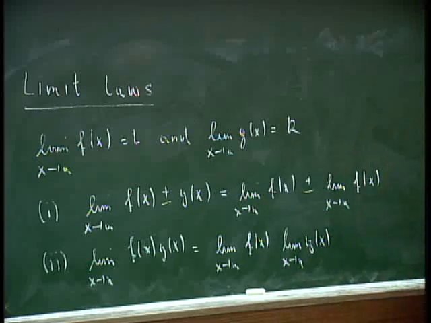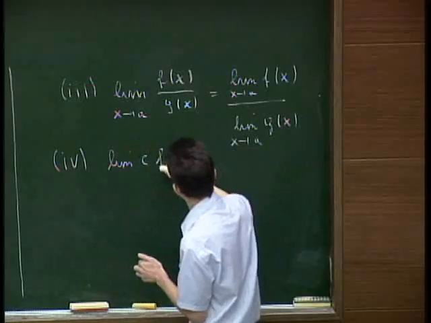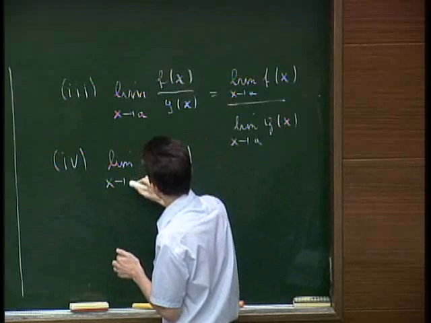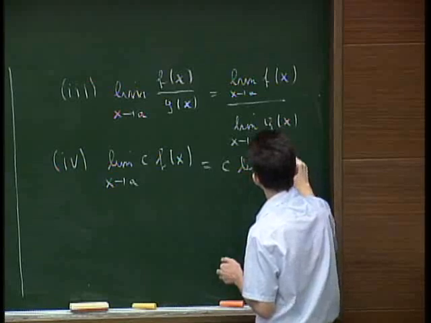The same is true for the quotient. Then another limit law is if you have a constant times a function and then the limit as x approaches a, this is equal to the constant times the limit.